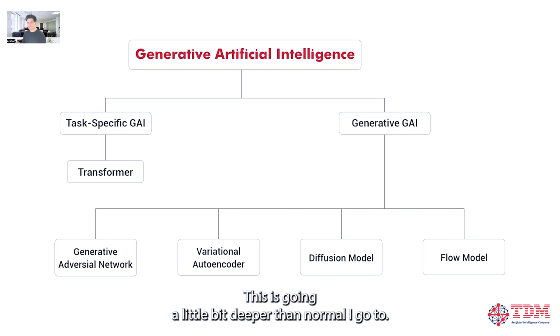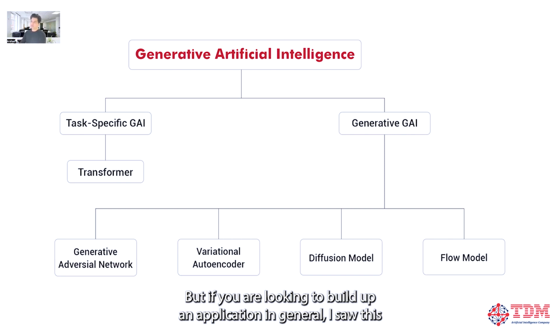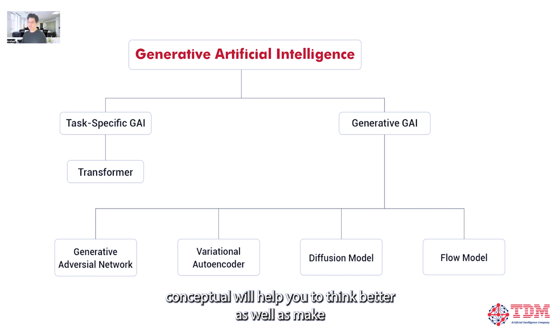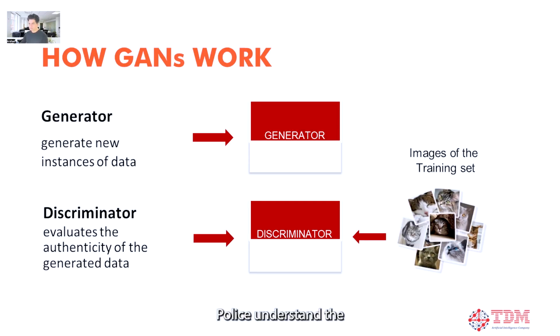This is going a little bit deeper than I normally go. But if you are looking to build an application in GenAI, these concepts will help you think better as well as make the right decisions.